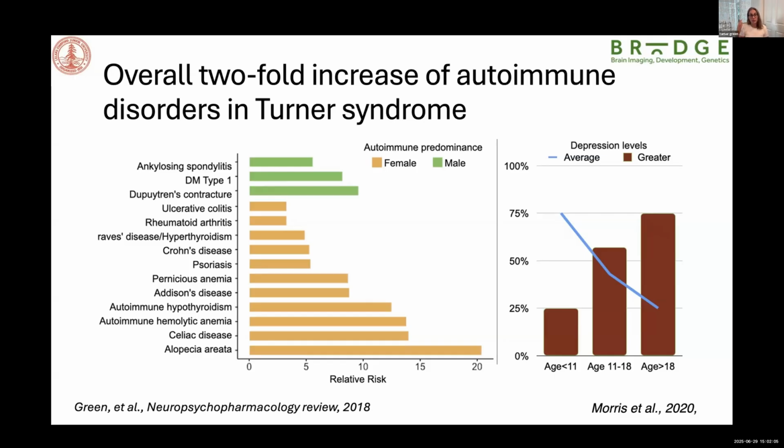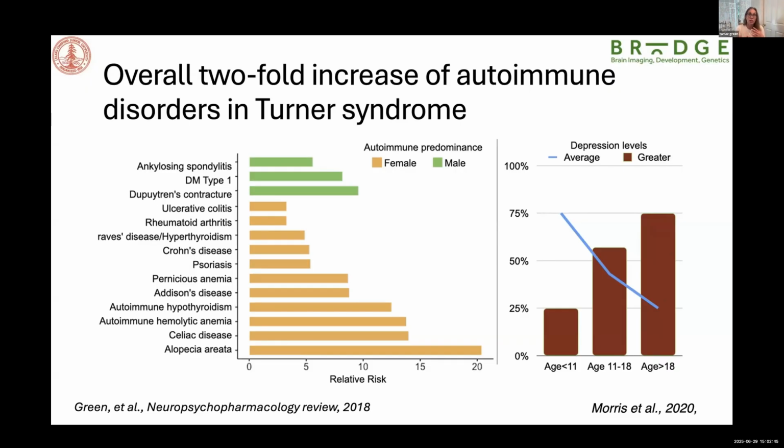So this combination of understanding that there are higher rates of depression and also higher rates of autoimmune conditions led me to the hypothesis that the immune system might play a very significant role in these higher levels of depression, and might also give us an avenue for how we want to address depression in Turner syndrome, circling back again to being very specific and thinking about each individual and why things are happening.